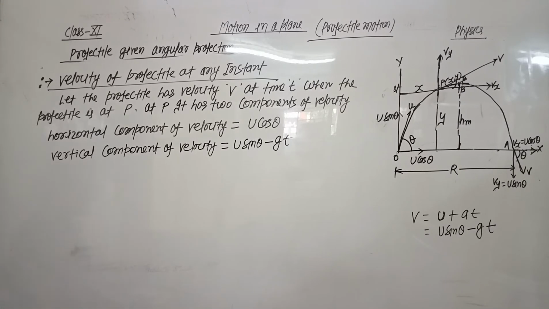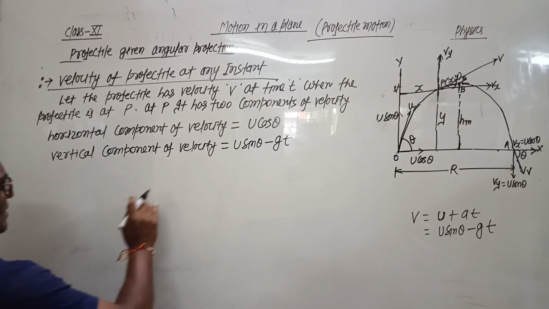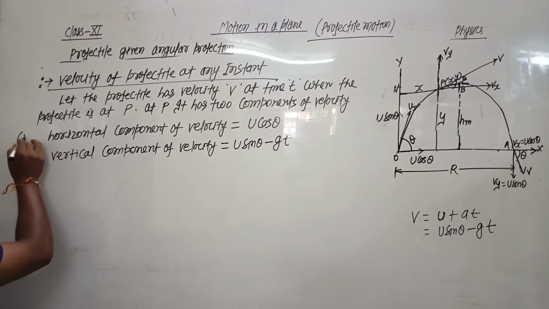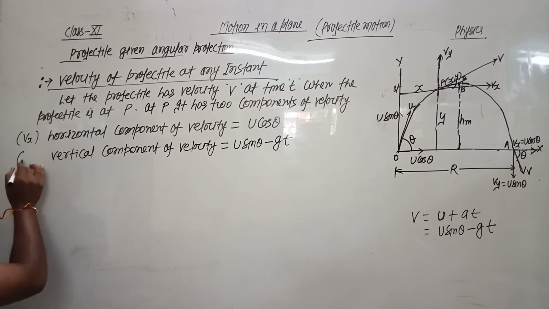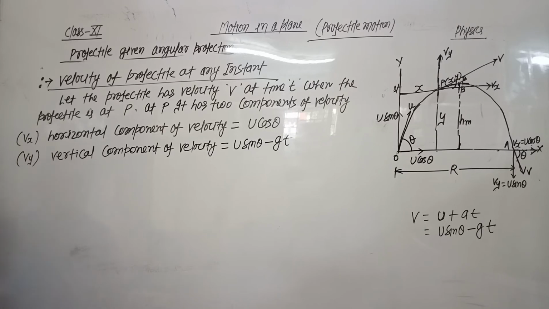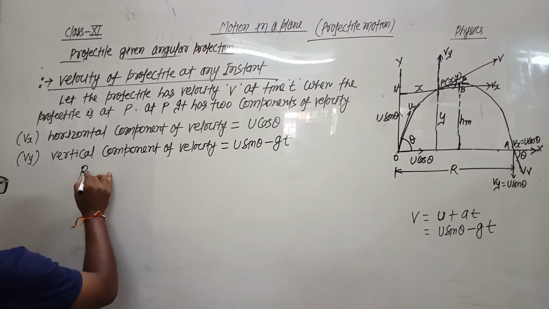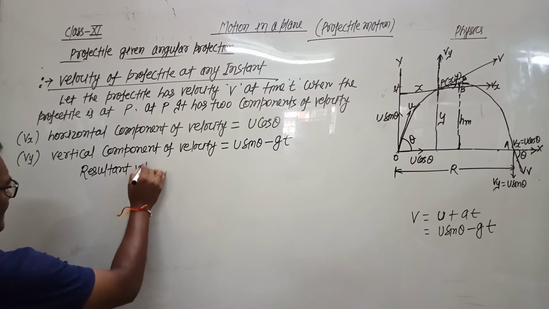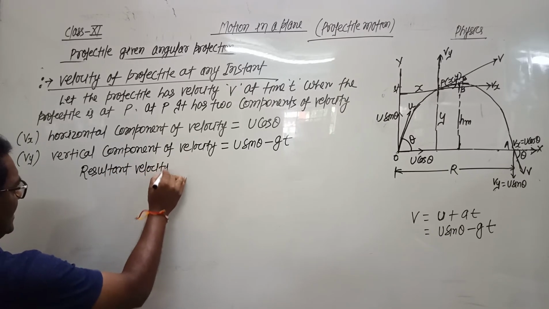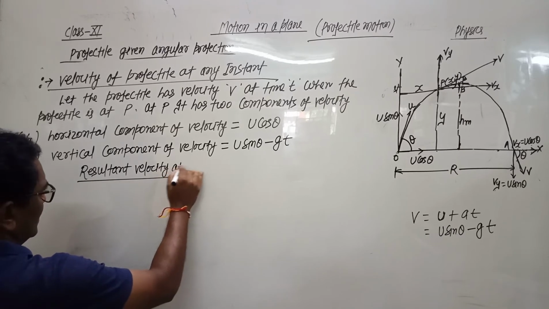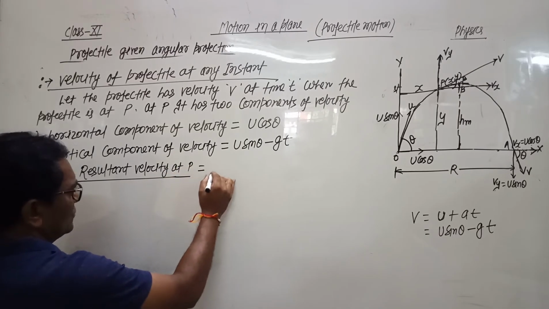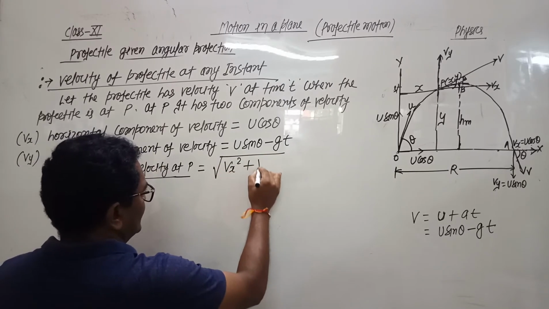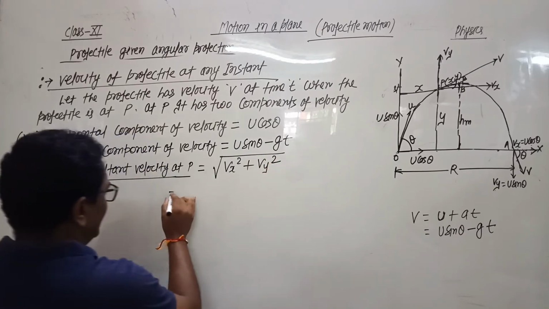Now for finding the resultant velocity at point P, the horizontal component is Vx and the vertical component is Vy. The resultant is calculated by using Pythagoras theorem: under root of Vx square plus Vy square.